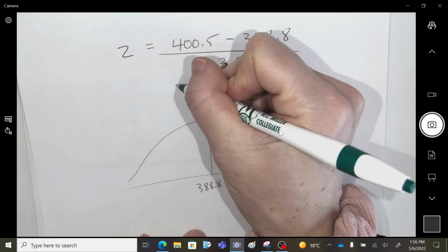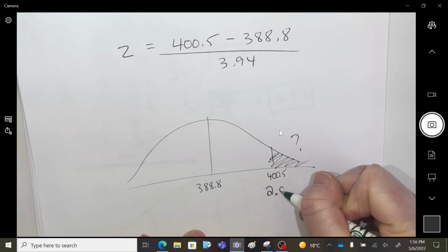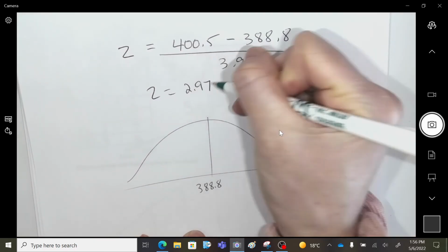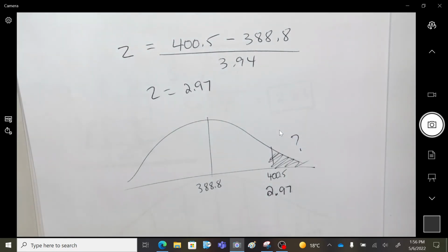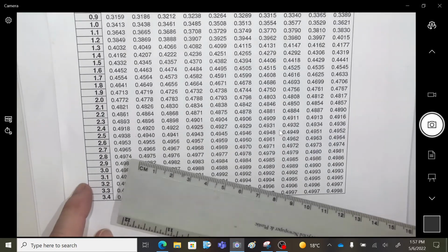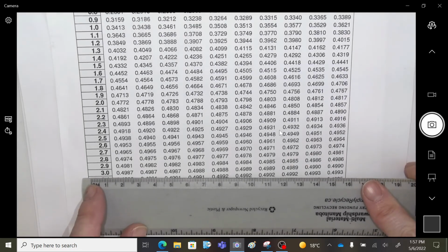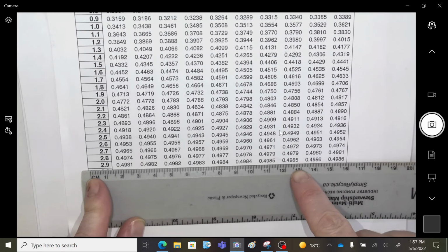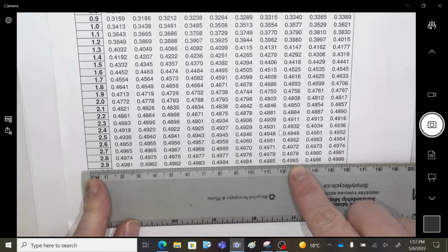So I got a 2.97 Z score. That's where I can go back to my chart. Z score 2.97. 0.4985.